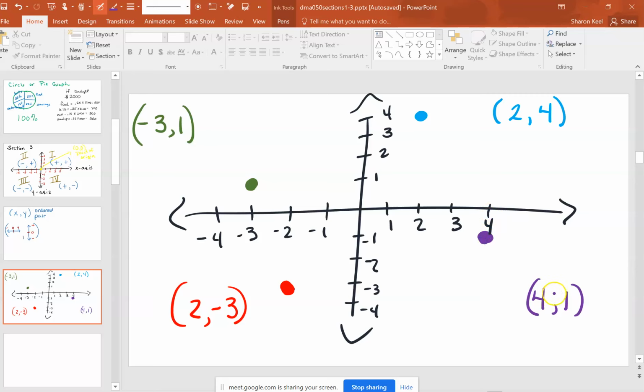So that gives me ordered pairs that would be in quadrant 1. This is quadrant 2. This is quadrant 3. And this is quadrant 4.